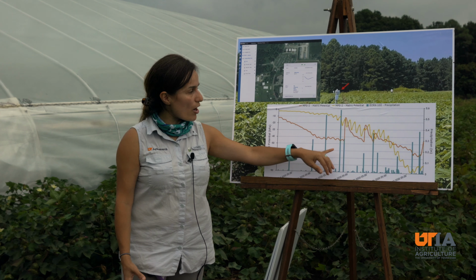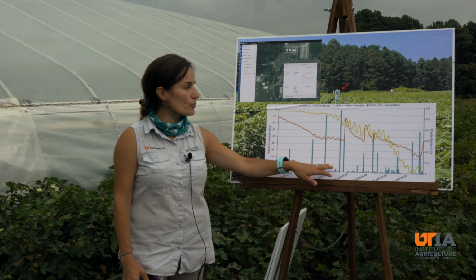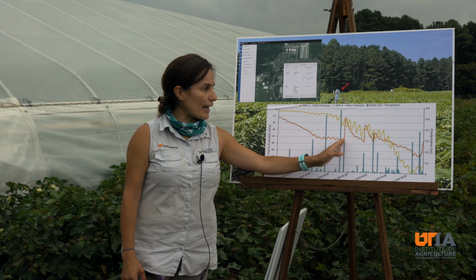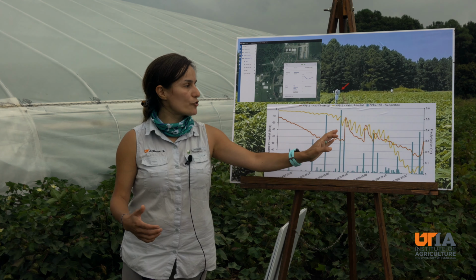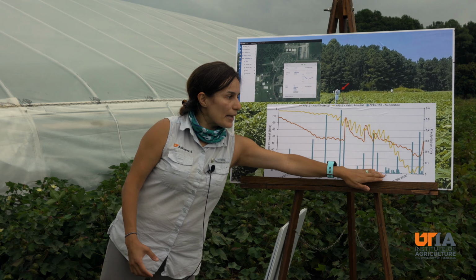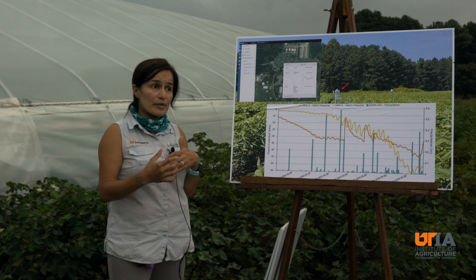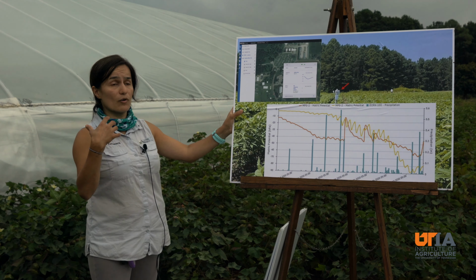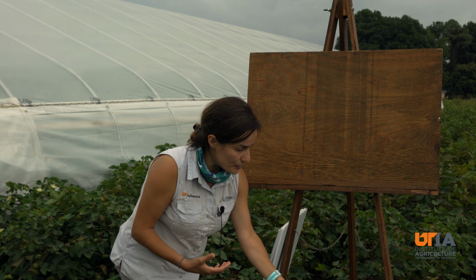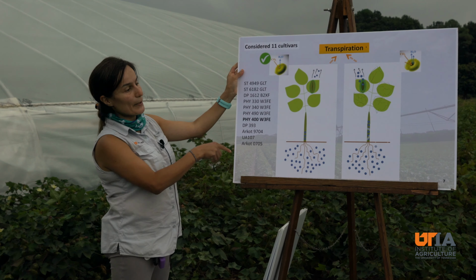The moment the combination of these two sensors drops to a lower, more negative amount, it hits that threshold, we're ready, we need to apply irrigation and put that amount of water available back to normal. You see this fluctuation because of the dry environment, and we were able each week to apply that water and put it back to field capacity. That helps with better water availability for plant uptake.